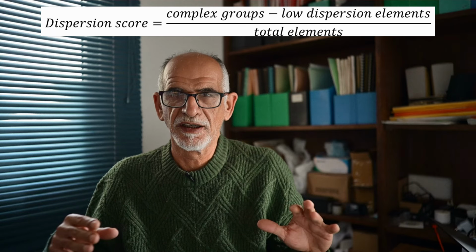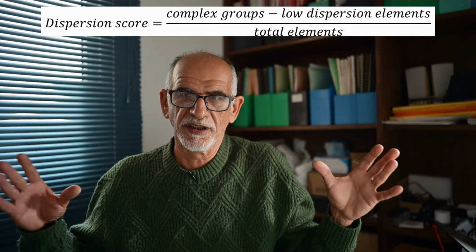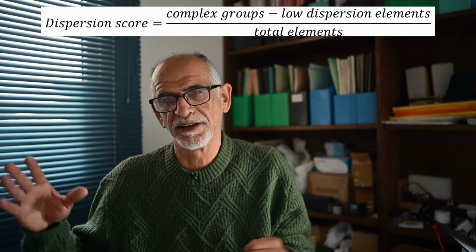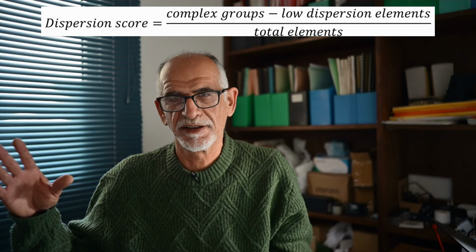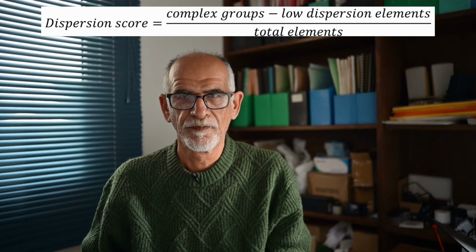The theoretical limits to that score are -1 on the negative side and plus 0.5 on the positive side.